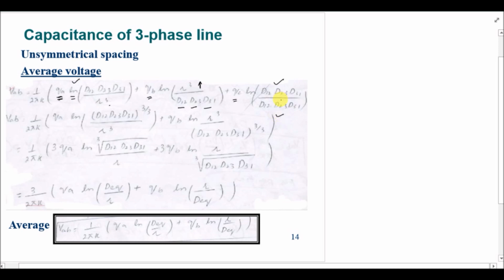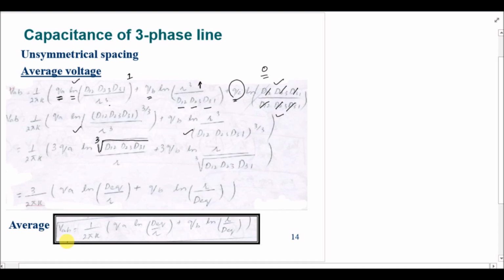So when we are taking the average, QC will again become equal to 0 because these terms will cancel out, and ln 1 will be equal to 0. Now to make the numerator and denominator have the same power, we have to convert this one into 3 by 3, and 3 will become common from both the equations, and there will be the cube root of D12, D23, and D31 in the natural logarithmic value.